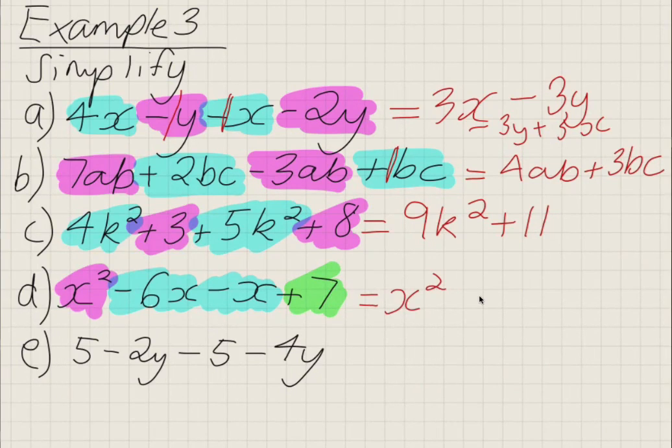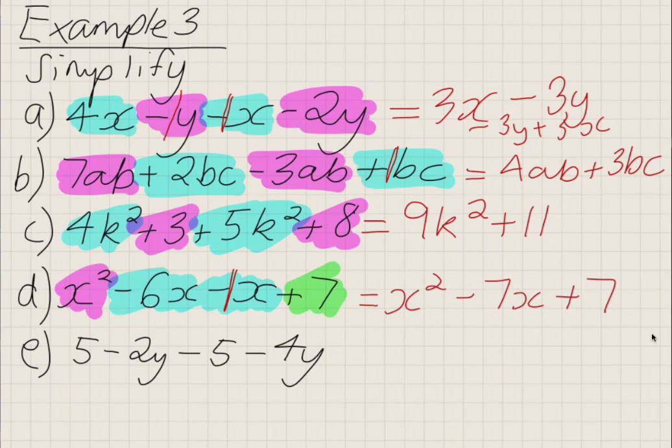Minus 6x minus x, that's the same as minus 6x minus 1x, so minus 7x. And then we have plus 7 on the end. That is your final answer. You cannot simplify further because x squared is not like terms with x. If there was an x squared here, then yes, of course we could simplify because they would be like terms.